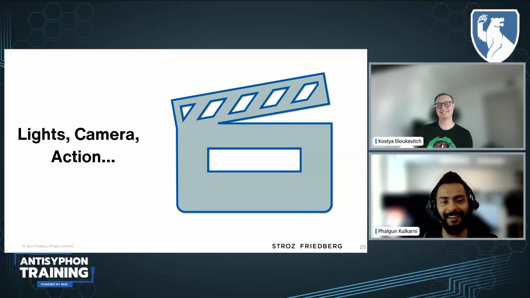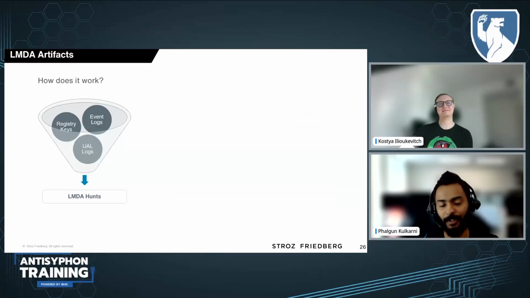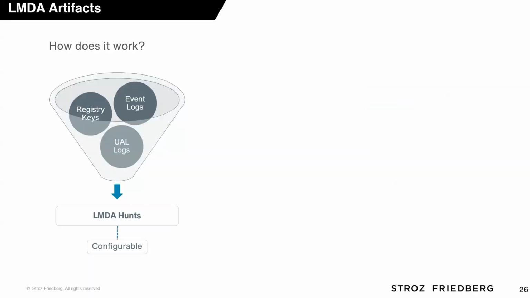All right, let's see the structure of Lambda. Like mentioned before, we have multiple artifacts in two separate hunts, and those are very configurable, so you can easily include or exclude different artifacts according to your needs.